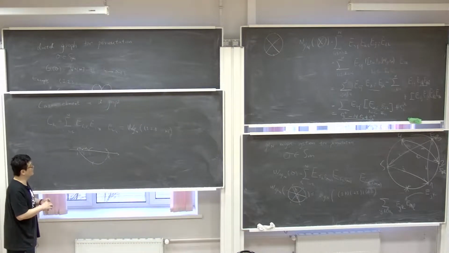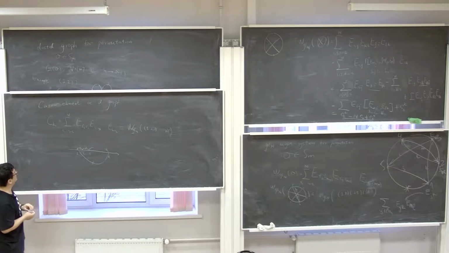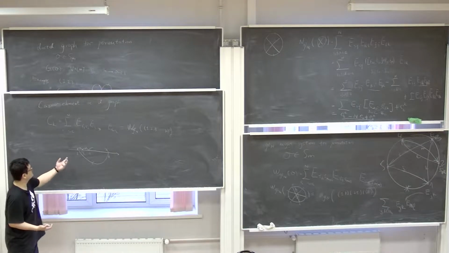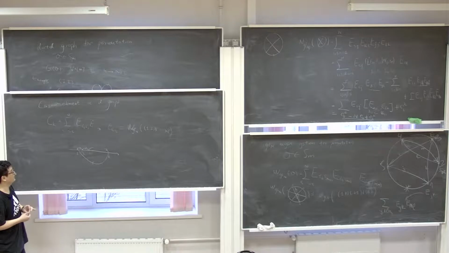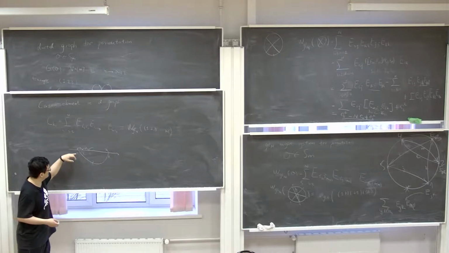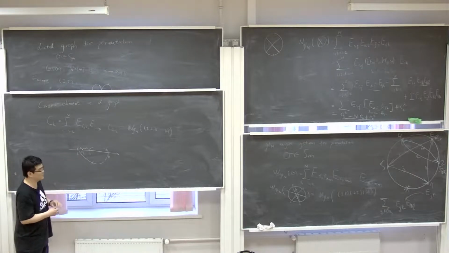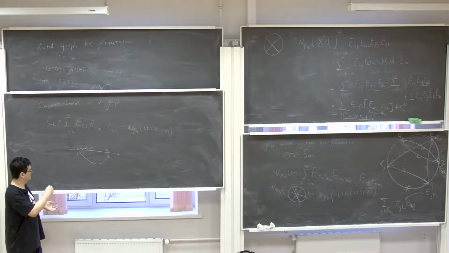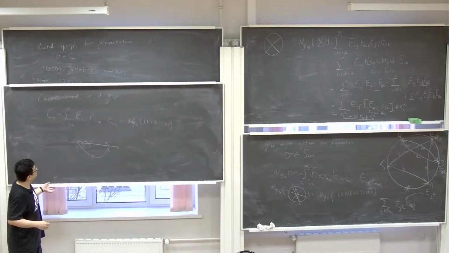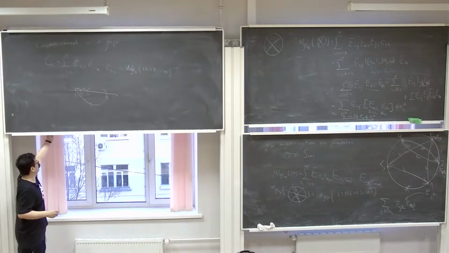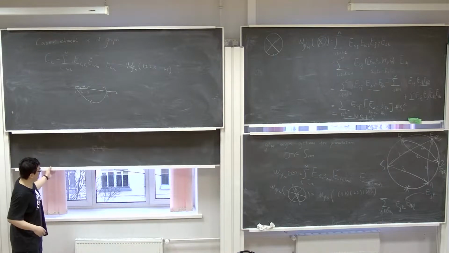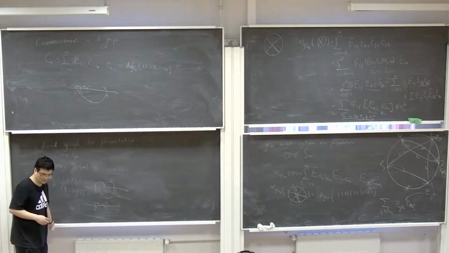So the goal to calculate the GLN weight system for a permutation is to find a way to make the diagram as close as this Casimir diagram, because it is the cyclic permutation, and we have the following relationship to simplify the diagram.